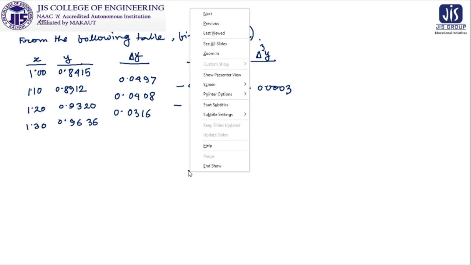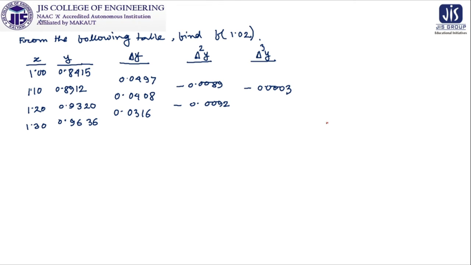So now going for the next part, I just want to make a recall. It is our y0, y1, y2, y3. So it will be our del y0, del y1, del y2. It is del 2 y0, del 2 y1, and it is del 3 y0.